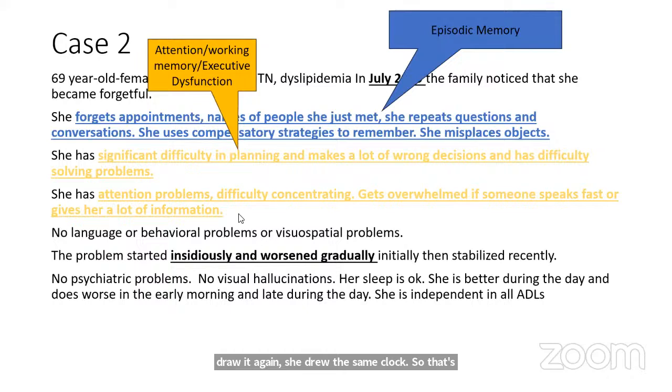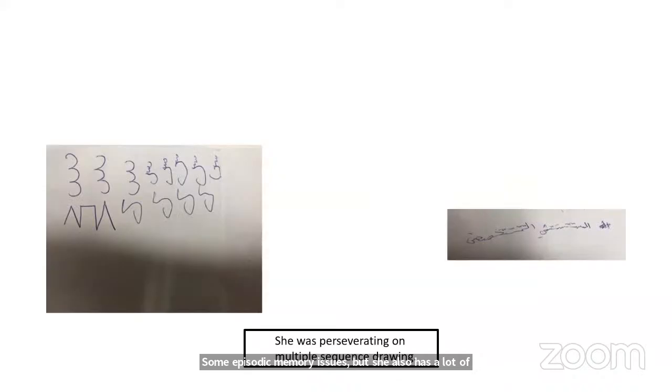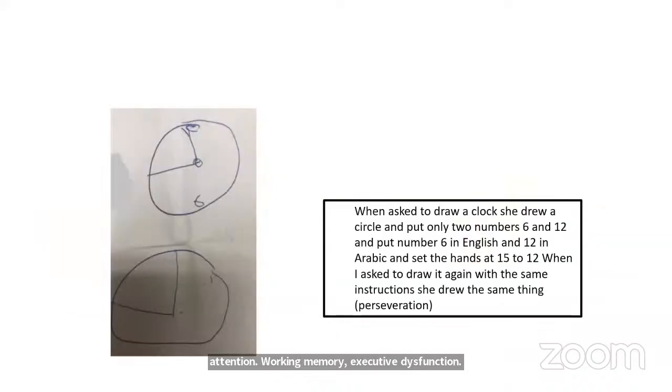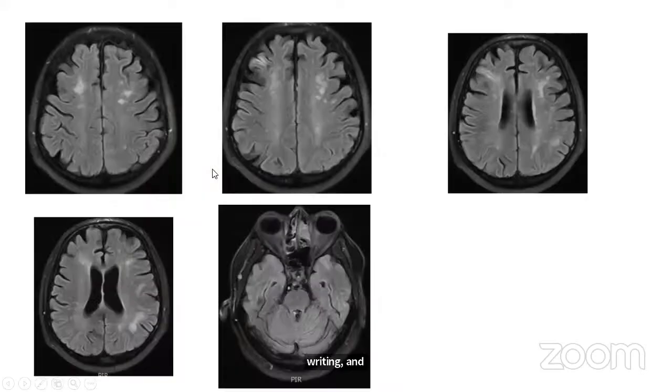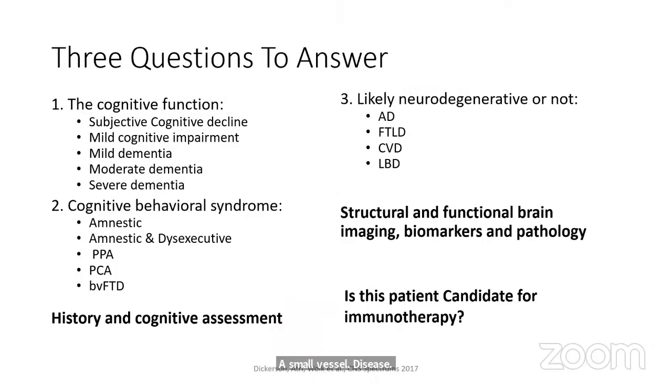So you can see that she has some episodic memory issues, but she also has a lot of attention, working memory, and executive dysfunction issues, with perseveration on multiple sequencing and writing. And in the clock drawing, again, she had evidence of perseveration. Her MRI was showing evidence of small vessel disease, and she was diagnosed to have a vascular cognitive impairment.